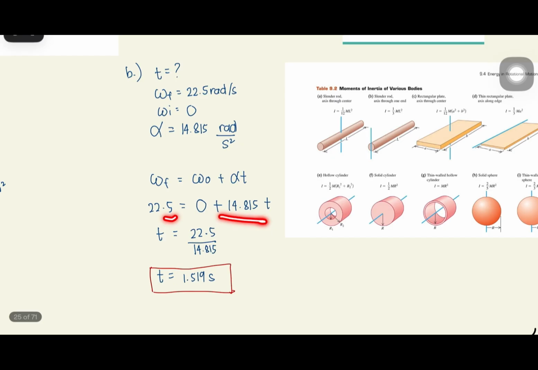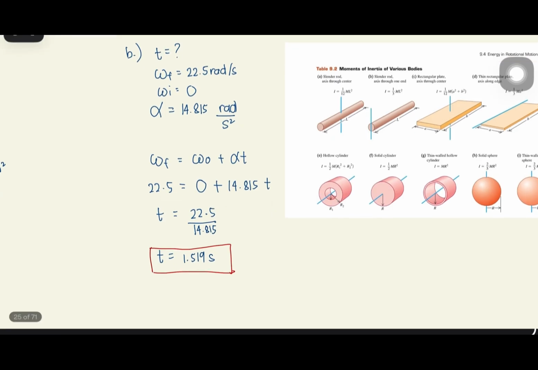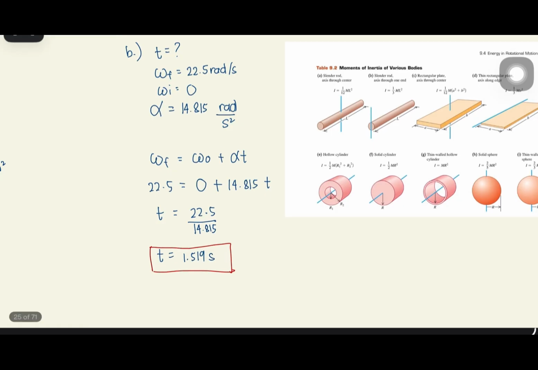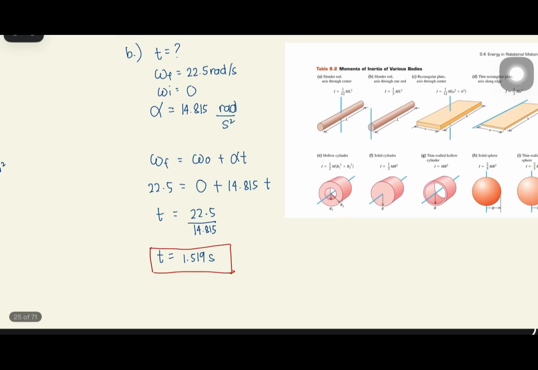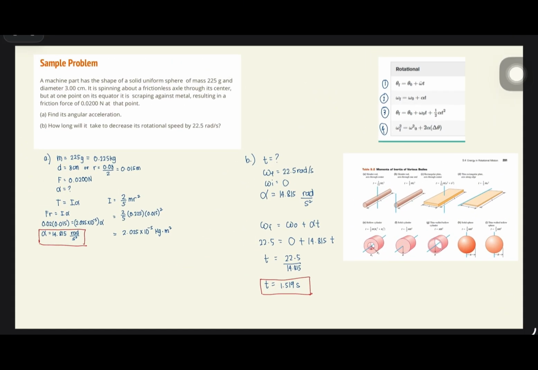Then, dividing both sides by 14.815. Ito yung magiging equation natin ng time. So, 22.5 divide 14.815. Yung nakuha nating time dito to reduce the angular speed is equal to 1.519 seconds. So, that ends our discussion for this one.